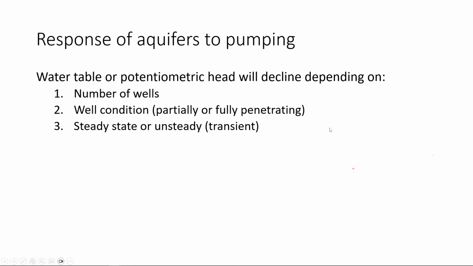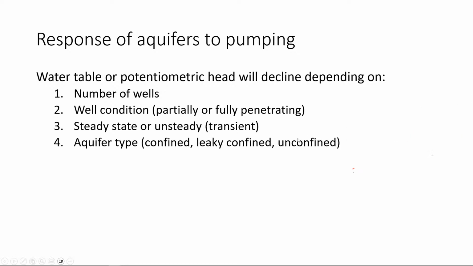Okay. Aquifer type, whether this is confined, leaky confined, or unconfined, will also control your aquifer response to pumping. In an unconfined aquifer, your water table will go down. In a confined aquifer, your piezometric surface will go down.